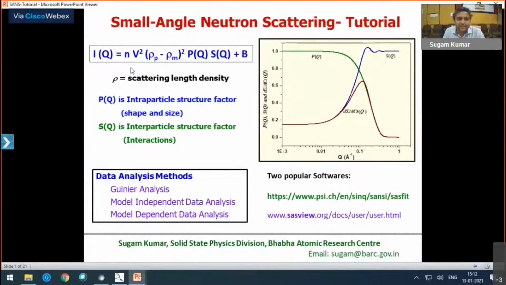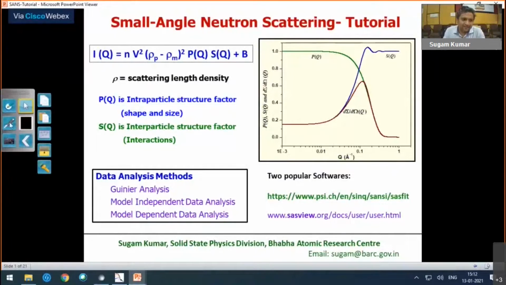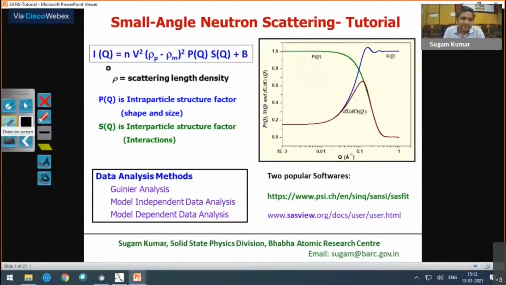So the first thing is, in small angle neutron scattering, we measure the scattering intensity of scattered neutrons as a function of the scattering vector, Q.